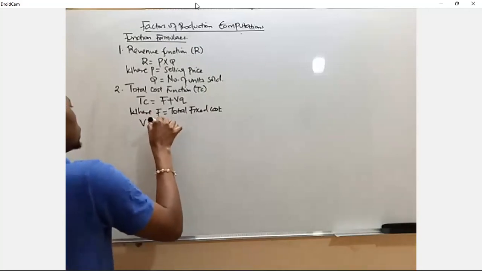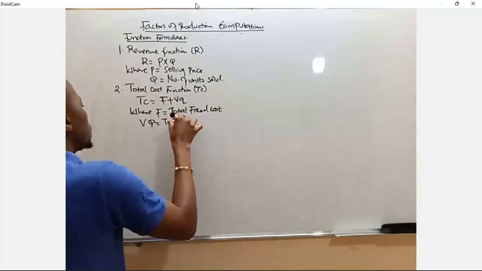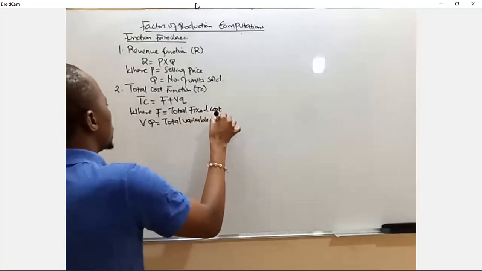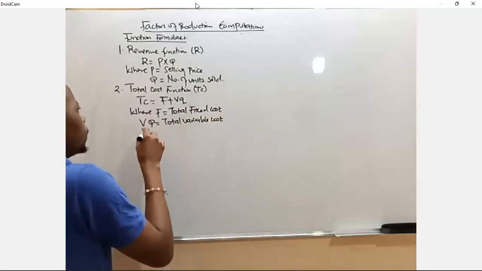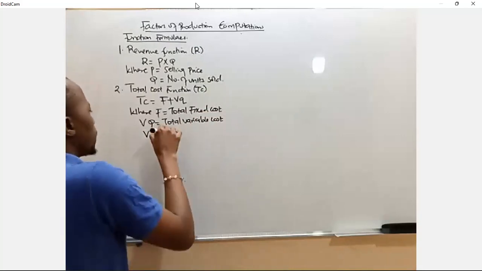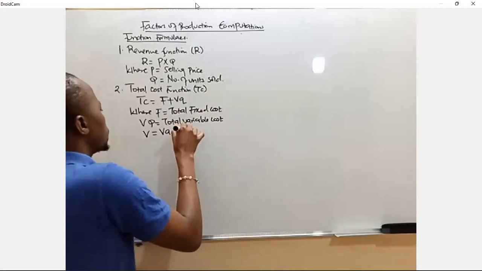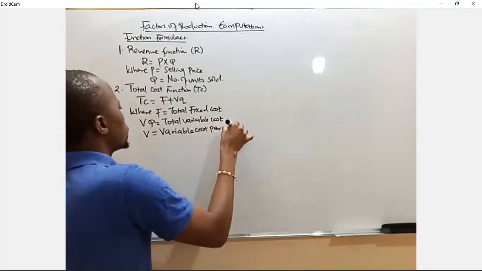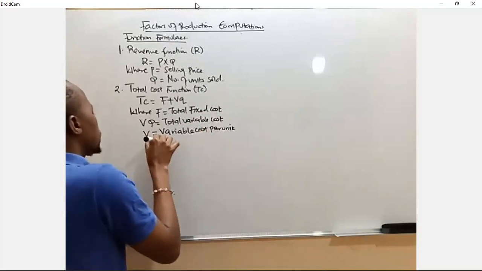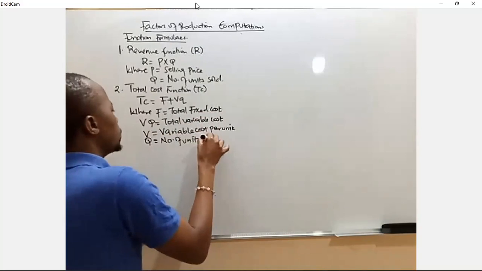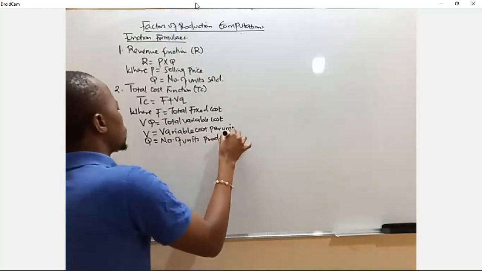VQ here, we talk about the total variable cost, where our V is equal to the variable cost per unit. Then we have our Q, which is the number of units produced.